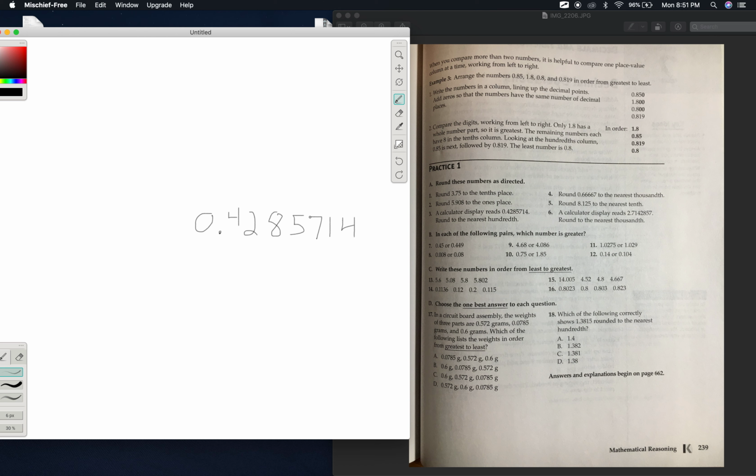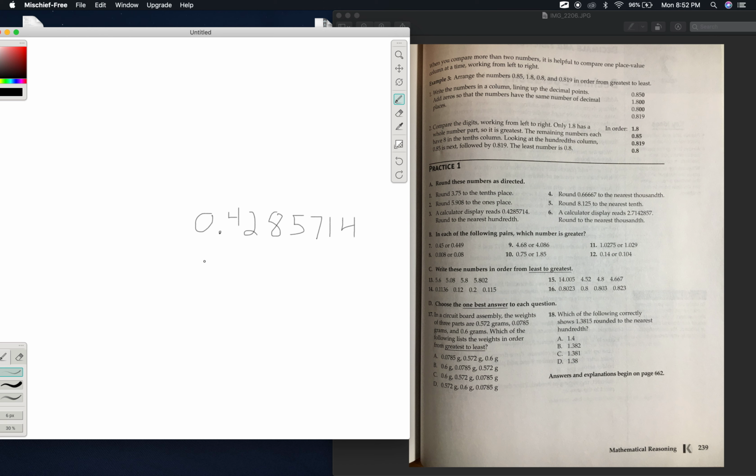Okay, so to the nearest, what was it? Hundredth place. So remember, tenths, hundredths. So we know that the one to the right, which is thousandths, is 5 or greater.